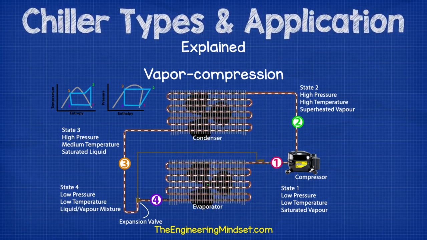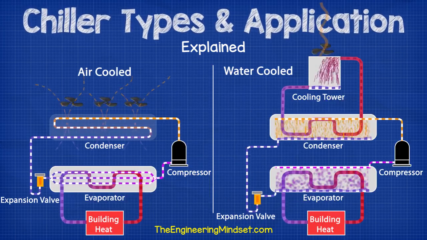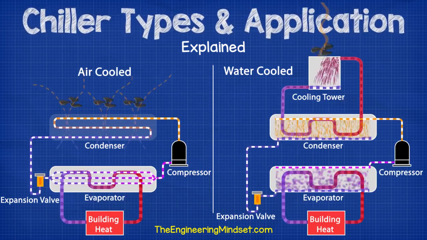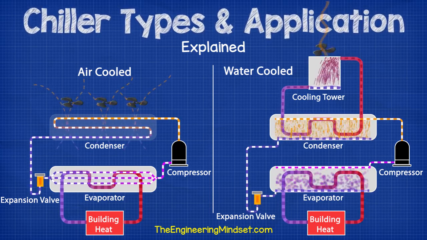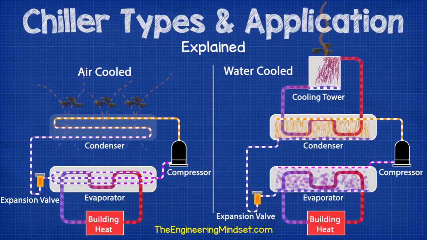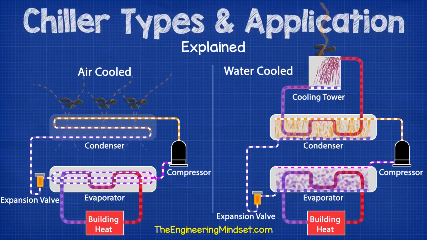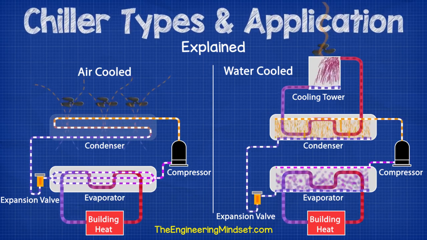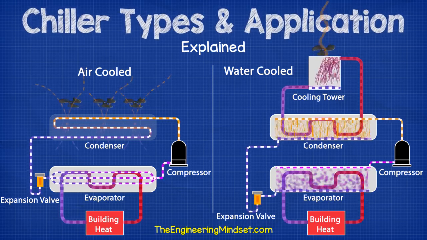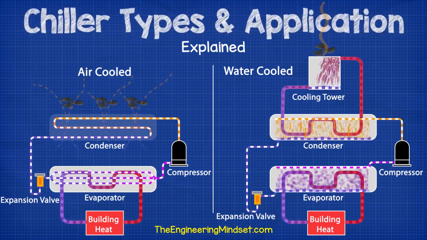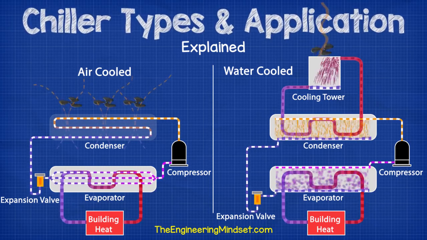A compressor pushes a refrigerant around the inside of the chiller between the condenser, the expansion valve, the evaporator, and back to the compressor. The only difference is that with an air-cooled chiller, fans force air across the exposed tubes of the condenser, which carries the heat away, whereas a water-cooled chiller has a sealed condenser and water is pumped through this condenser to take the heat away and disperse this through the cooling tower. The cooling tower will use a fan to reject the heat also.